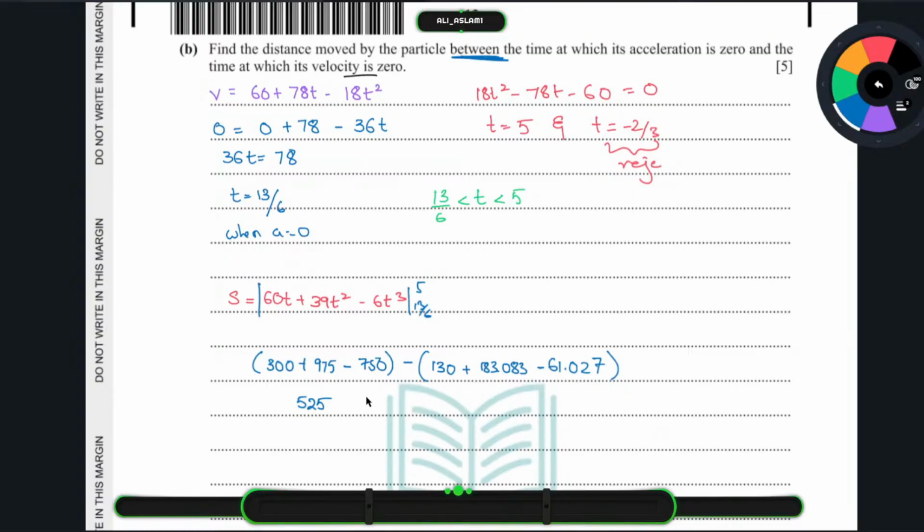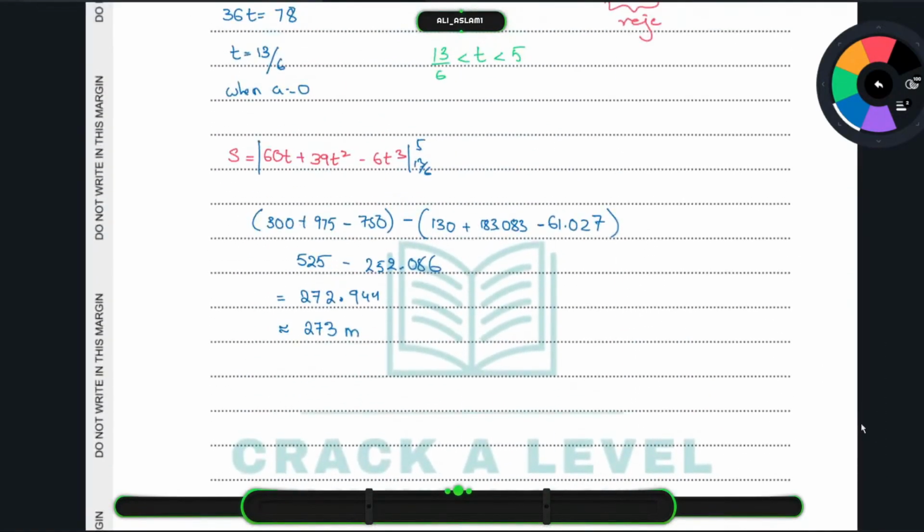That becomes 252.056, and 525 minus 252.056 is 272.944, which is equal to 273 meters, and the paper's complete.